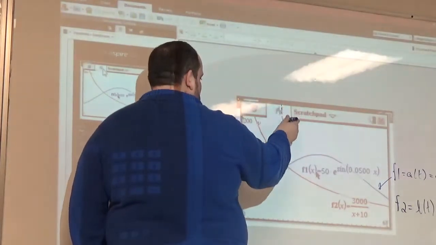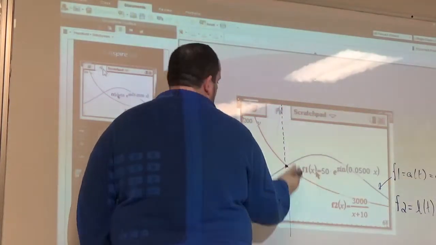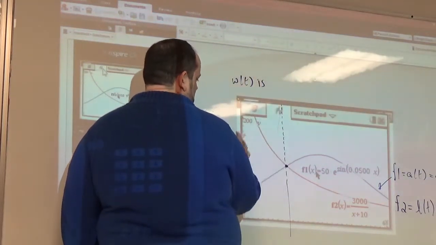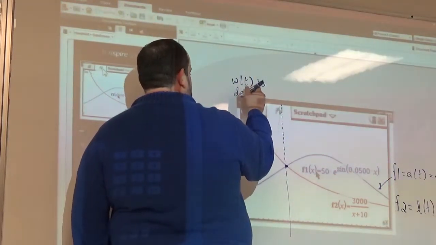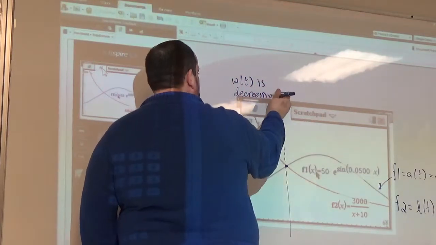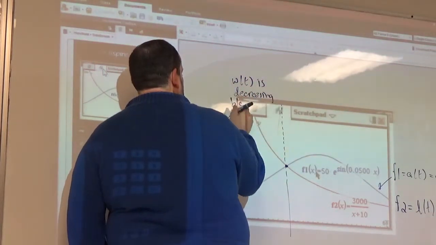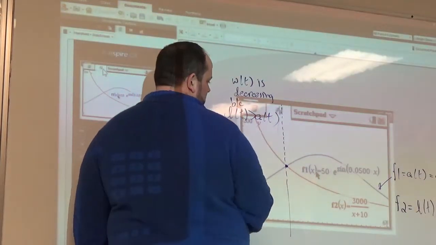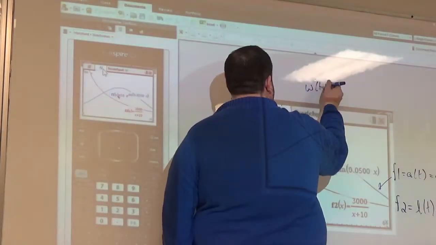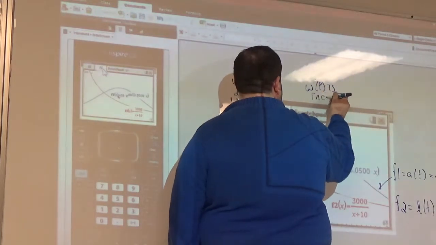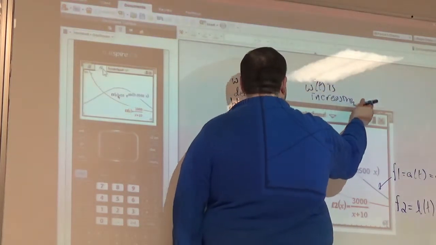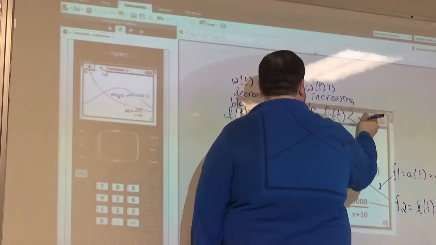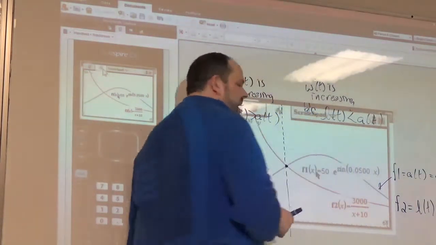If I draw a little dotted line here, before this W of t is decreasing because L of t is greater than A of t. After the intersection point, W of t is increasing, and that's because L of t is less than A of t.